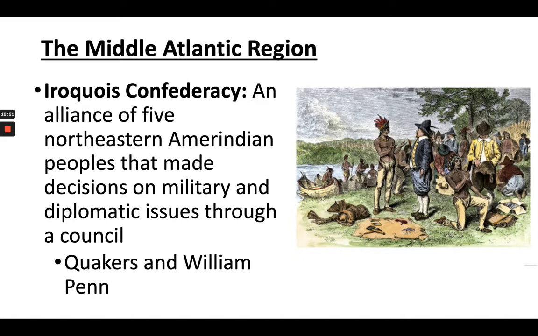So the Mid-Atlantic region has a very diverse population. You have English people living there, but also Dutch, German, Swedish settlers, slaves. And one of the big groups you have here are the Quakers and William Penn, hence Pennsylvania. The Quakers are pacifists, and they want to create good relationships with the natives.